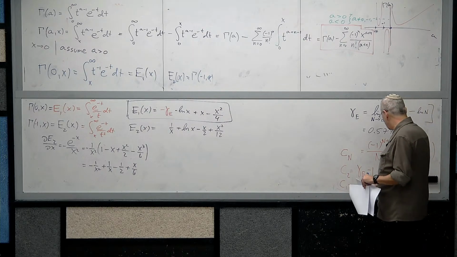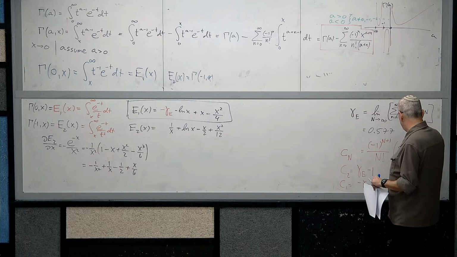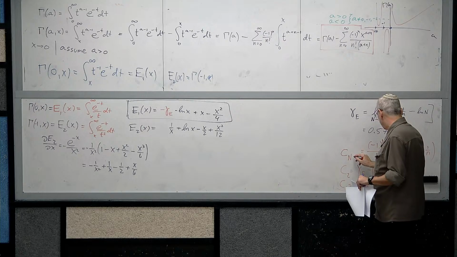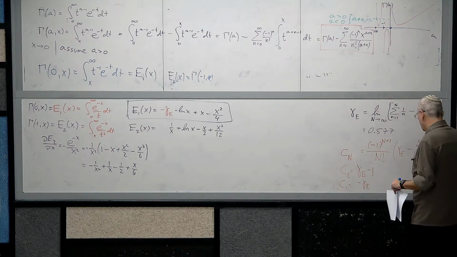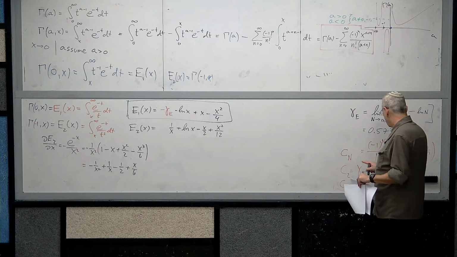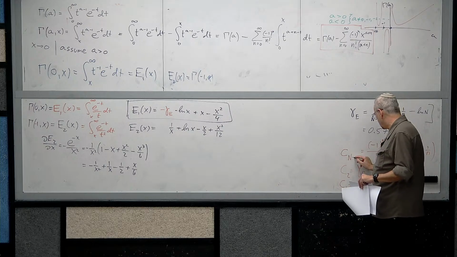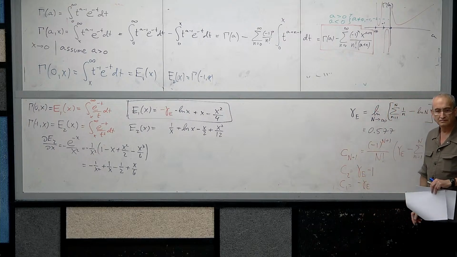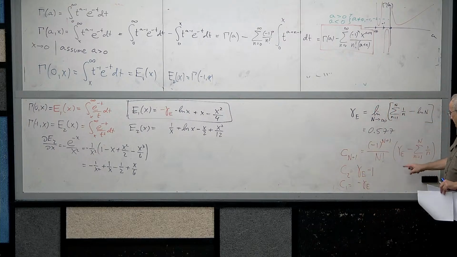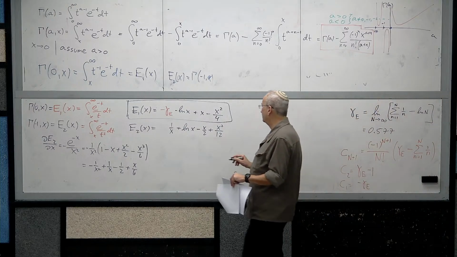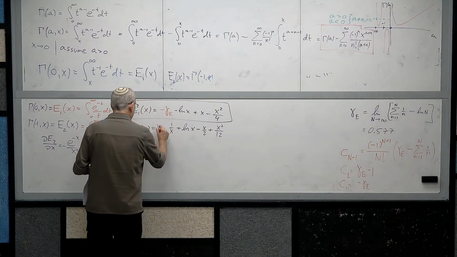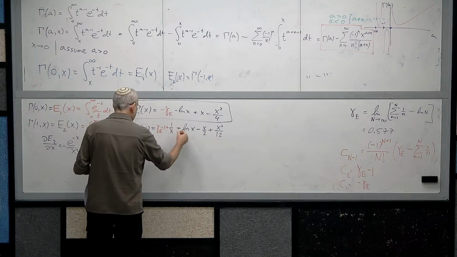So what should I do? Again, when I put here n equals 0, I will get C1. So this is n plus 1. Yes. Okay. So here the constants are gamma Euler minus 1 plus and so on.